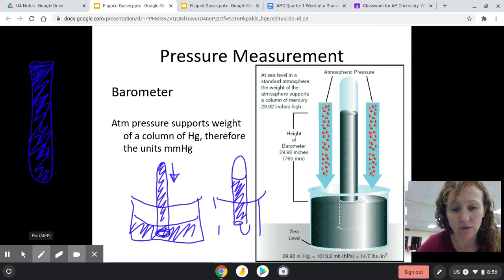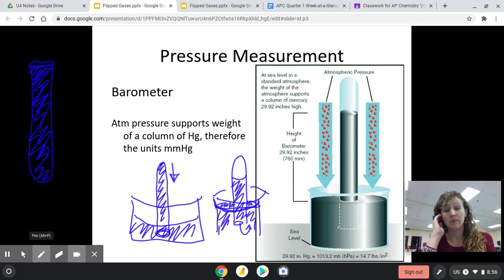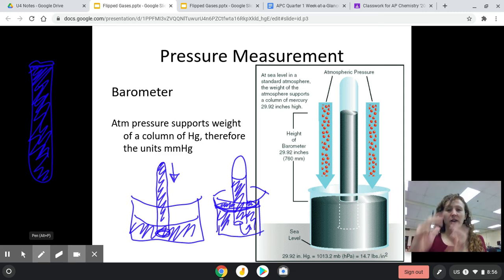It comes out into this bowl. And so the mercury level in the bowl then rises also. Here is our newly risen bowl of mercury, and the mercury has fallen down in this tube.